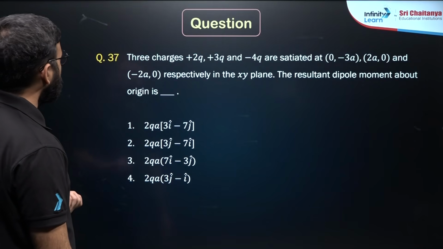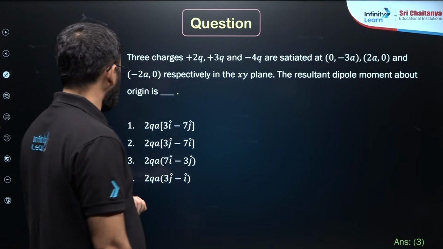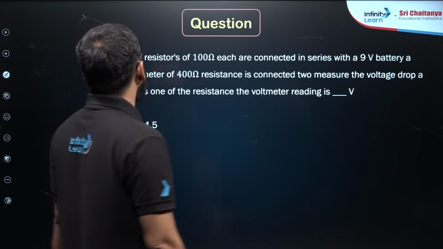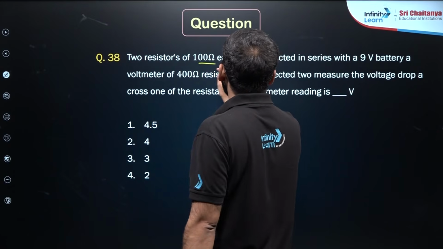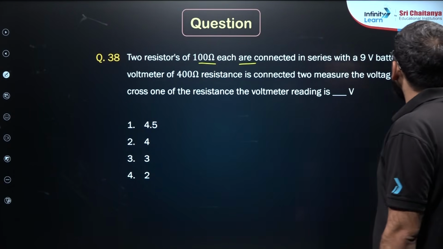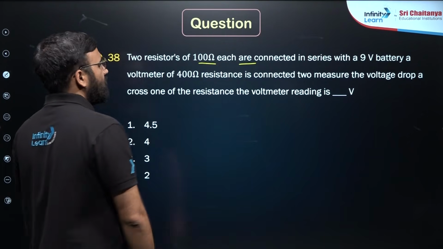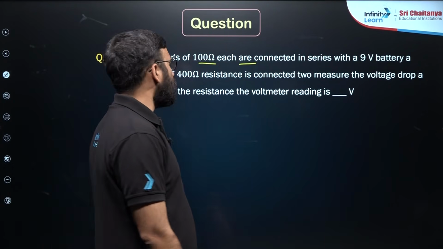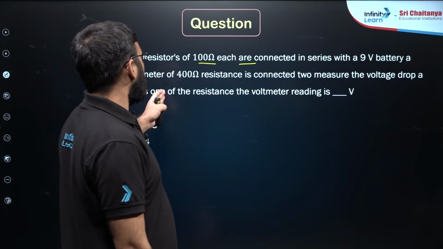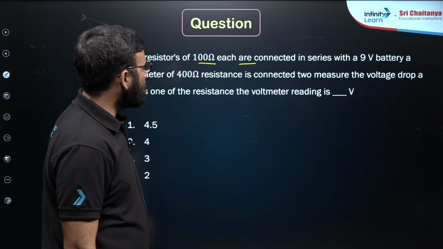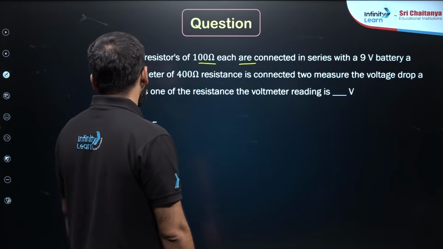Again this question. Next one, 38. Two resistors of 100 ohm each are connected in series with a 9 volt battery. A voltmeter of 400 ohm resistance is connected to measure the voltage drop across one of the resistances. The voltmeter reading is V, okay beta.